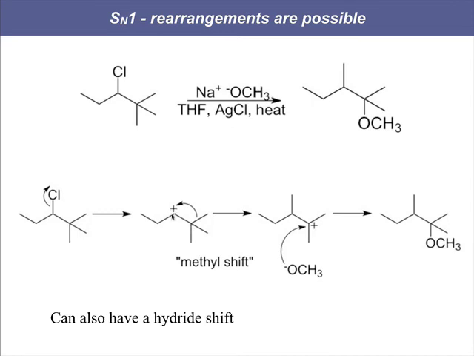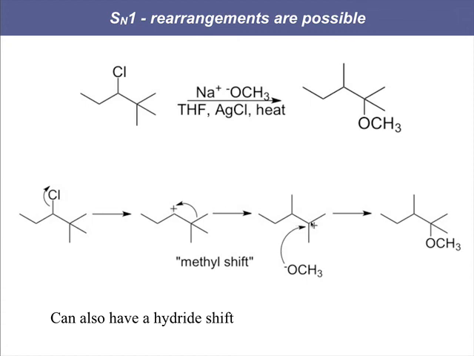Now, when that happens, something very important occurs. This carbon that's got the cation gets a 4th bond. It's gaining a bond as a result of this methyl group moving over. But this carbon that loses the methyl group ends up with the cation. And look what happens. This cation is secondary.